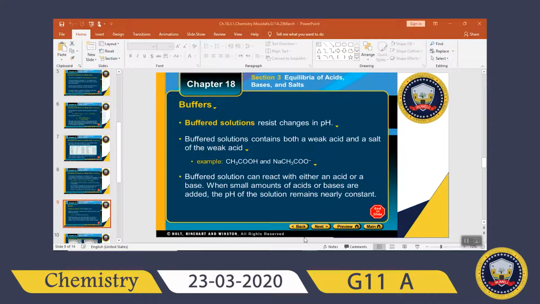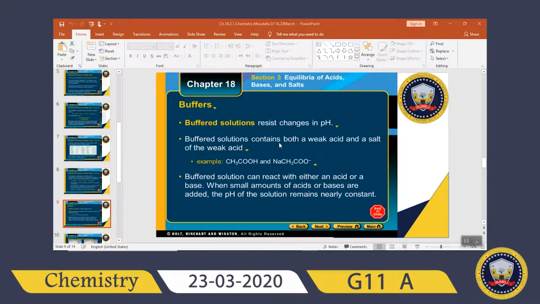What will happen, or how can we establish the pH if we add a common ion? We can explain this process by explaining the meaning of a buffer. Buffers are solutions that resist the change of the pH.